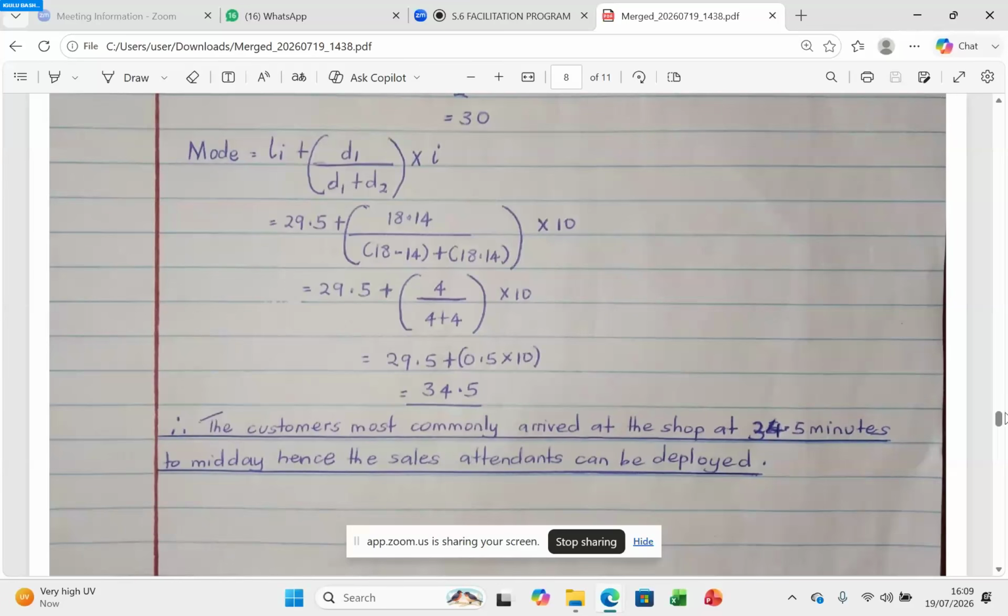But I made a rectification that this was a writing error too. 34.5 minutes to midday? If it was to be like that, it would have been 25.4 minutes to midday. That was the right way. But since it was a writing error, it's supposed to be 34.5 minutes after 11:10 a.m.